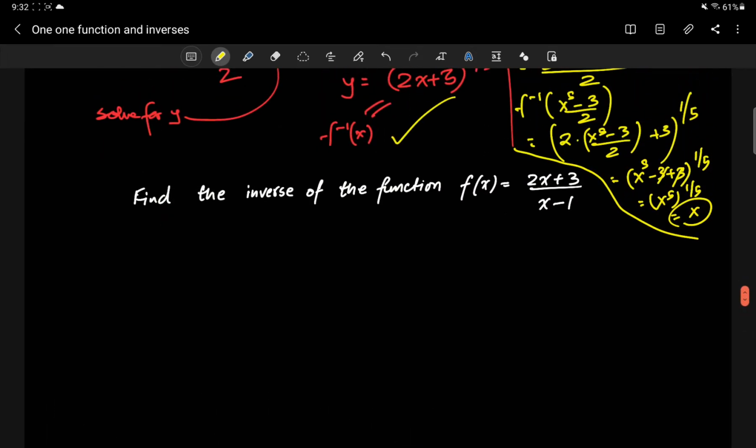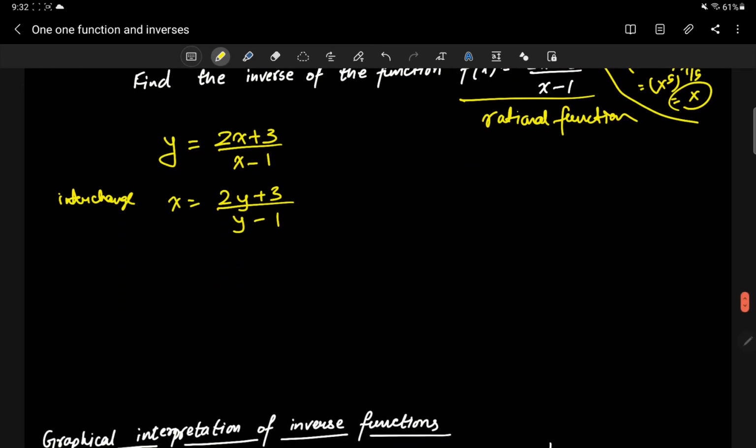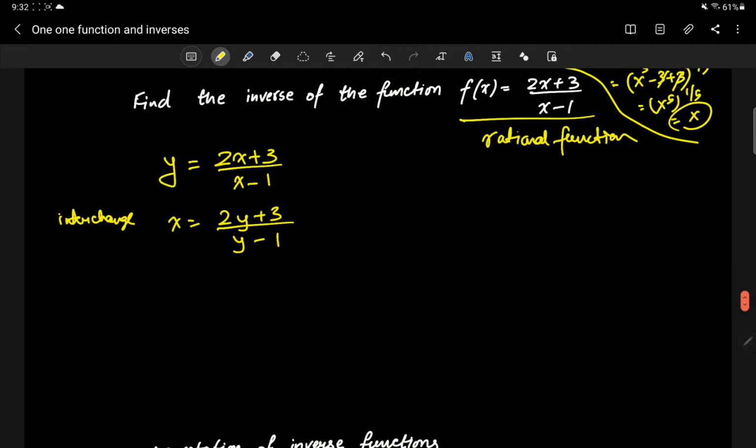Let's look at one more example. In this case, we look at a rational function. So we start off by saying y equals (2x plus 3) over (x minus 1), and then we do the interchange step. So x is (2y plus 3) over (y minus 1). Now here it looks slightly complicated.